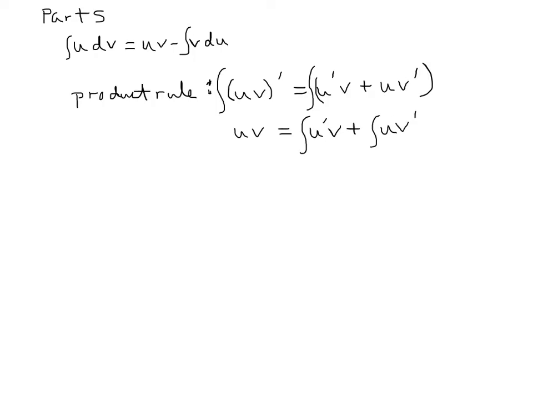And if I solve for the integral of u v prime, this would leave me with uv minus this guy right there, so minus the integral of u prime v.